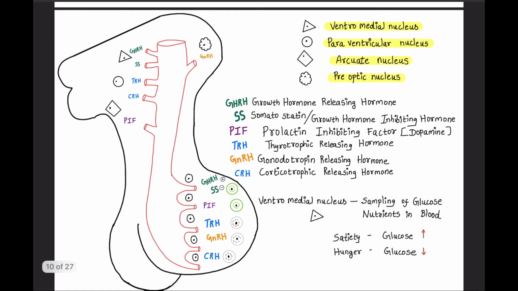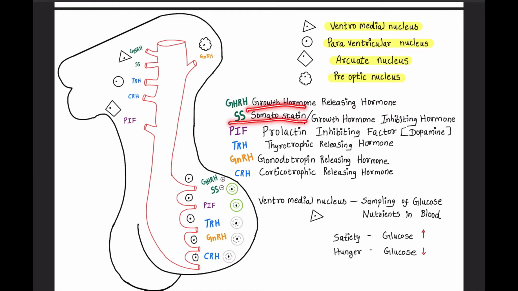In the hypothalamus you have the preoptic nucleus, ventromedial nucleus, paraventricular nucleus, and arcuate nucleus. The preoptic nucleus secretes gonadotrophin releasing hormone, and the ventromedial nucleus secretes growth hormone releasing hormone, and also somatostatin.